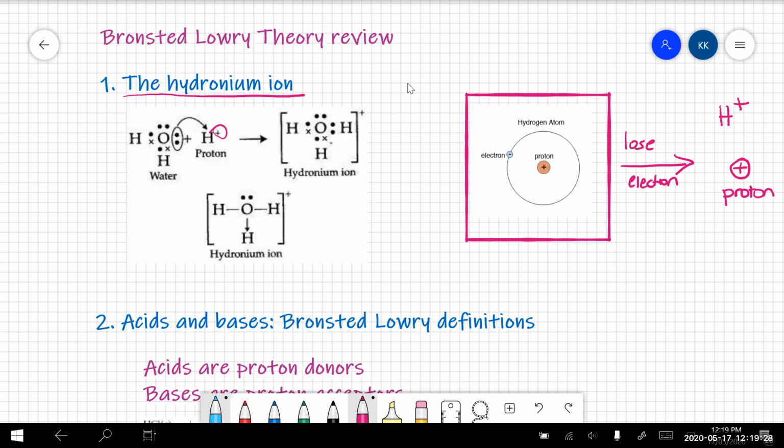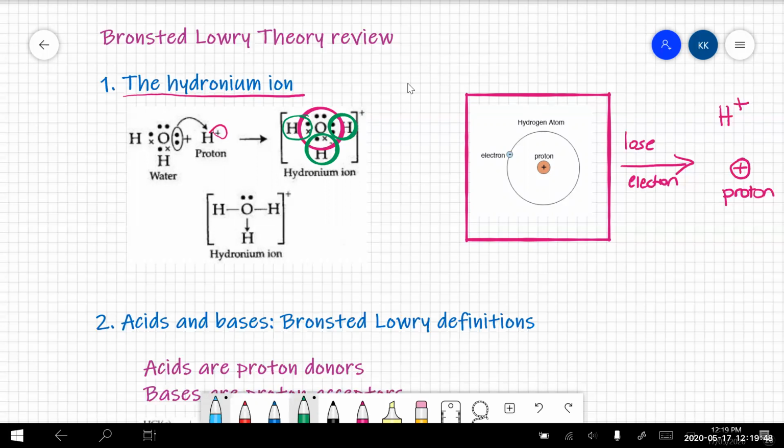Here the oxygen still has an octet, and each hydrogen has a duet, so all of the valence shell requirements have been met for that molecule.